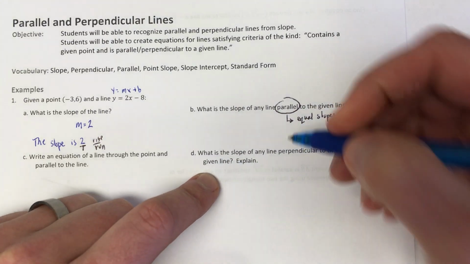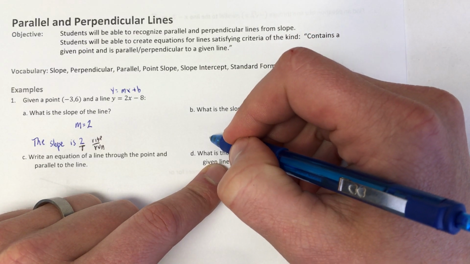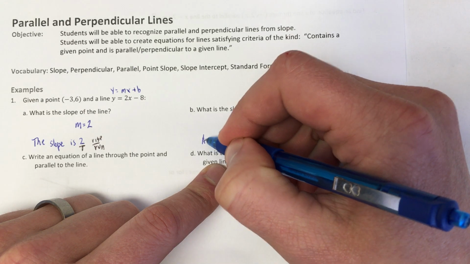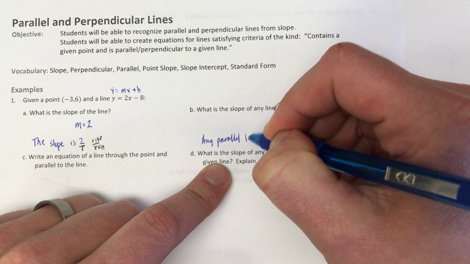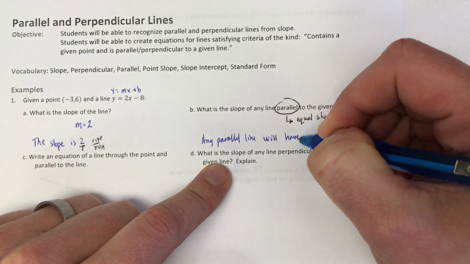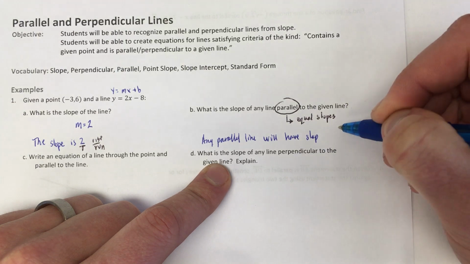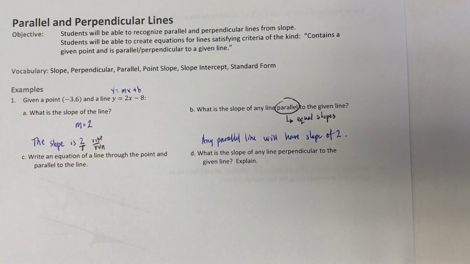So if I have an equal slope, that means any parallel line will have a slope of 2.